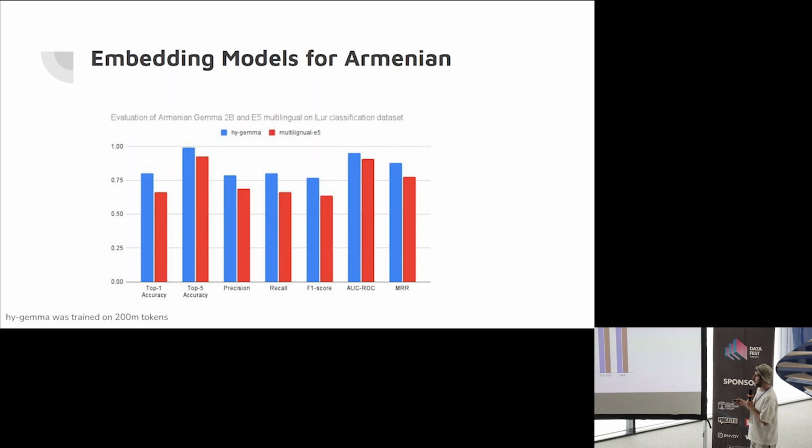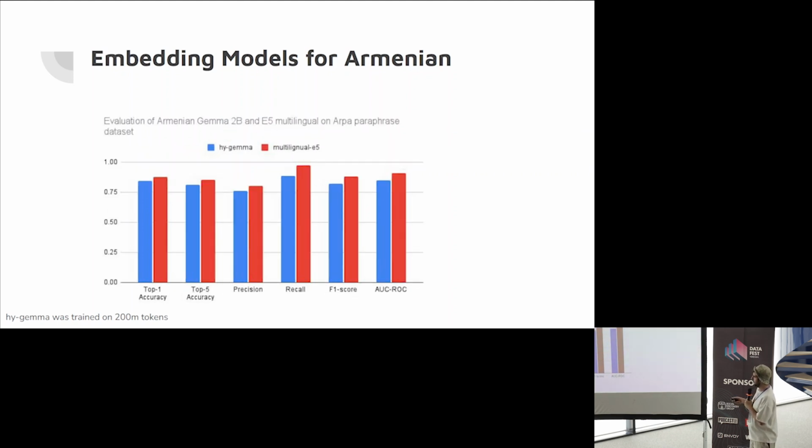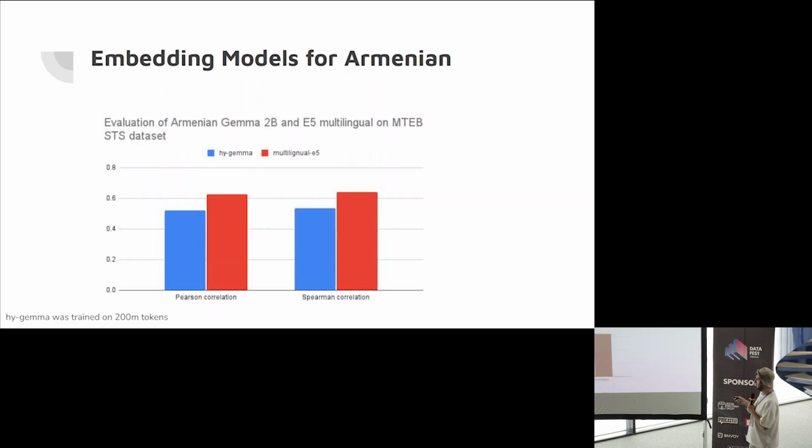So that could be one of the reasons why we succeeded in this. And for the rest, I think we're behind just because of the size of the data, and we believe that with bigger data we will pass this.